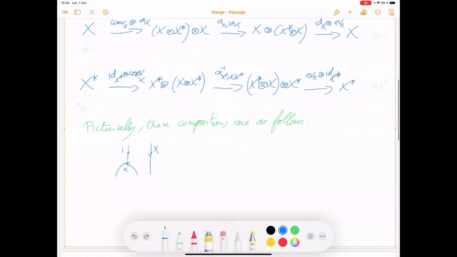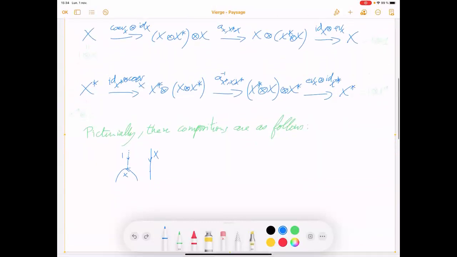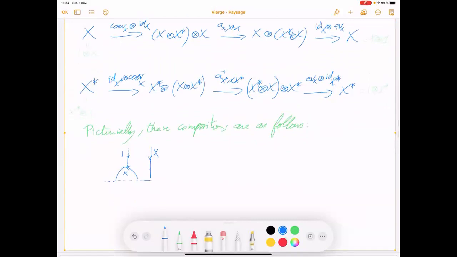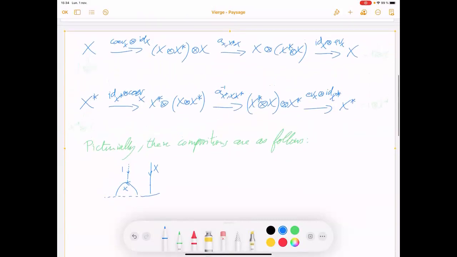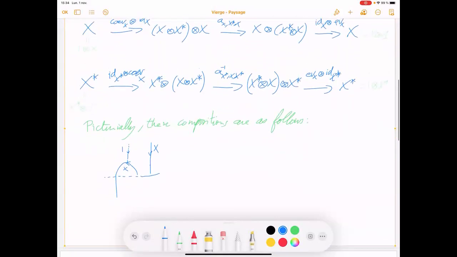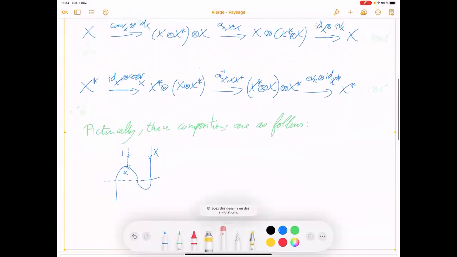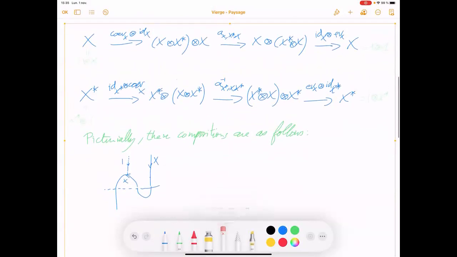Everything is fine. So then you apply the associativity constraint, and then you have the identity here and the evaluation map here. And so draw like that.